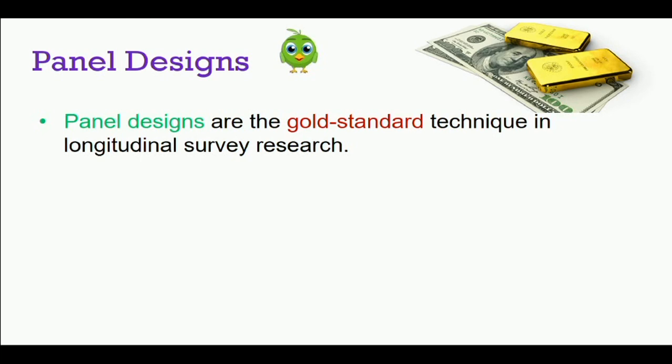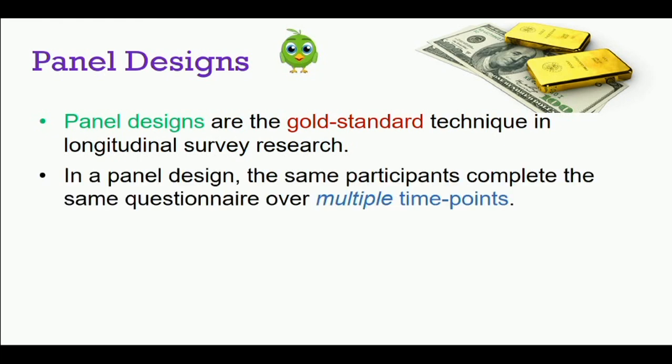And you've probably heard of panel designs before. For anyone who's done developmental psychology, it's something that we do a lot because that's the only way we can test developmental effects. You've probably come across it before, but in a panel design, the same participants complete the same questionnaire or the same test over multiple time points.